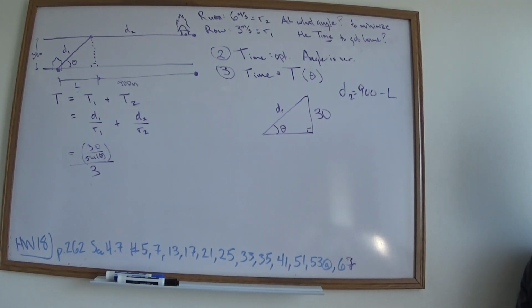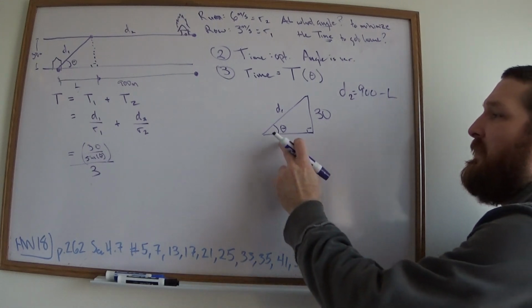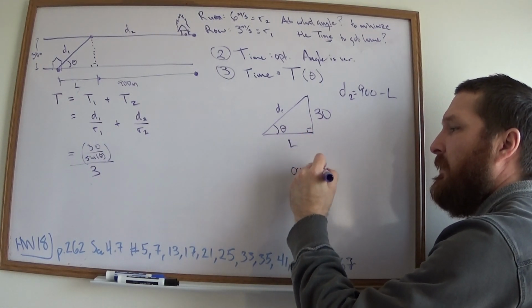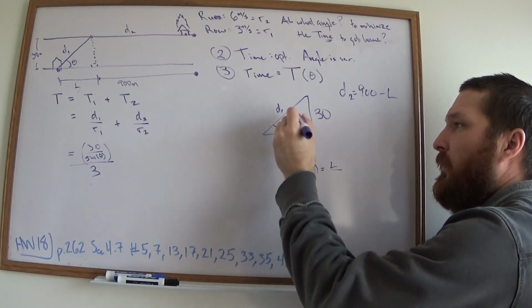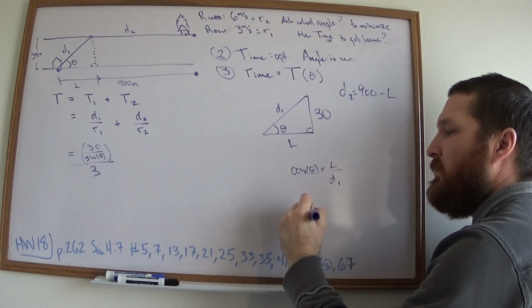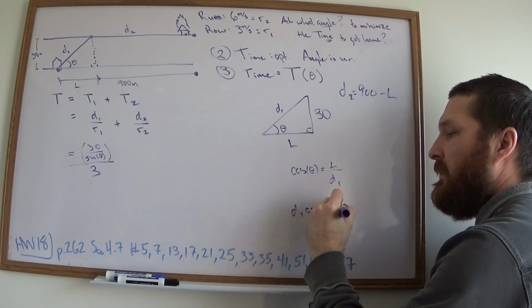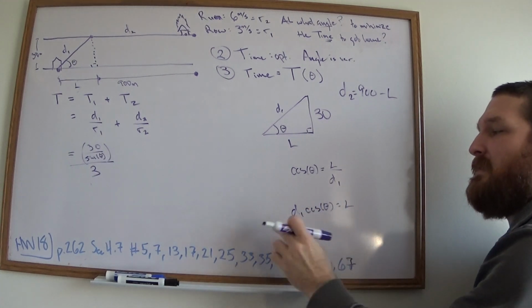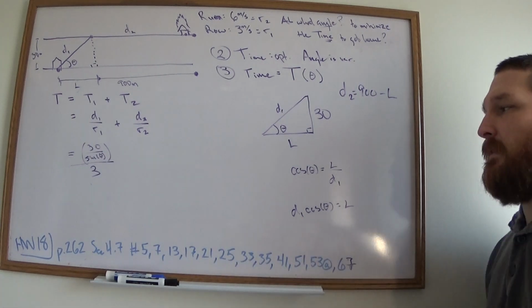Tangent of theta equals. That's so different from how I did it. That makes so much more sense to do it that way. I wish I would have thought of doing it that way. I said cosine theta is L over D1, so that D1 cosine theta equals L, and then 900 minus that, and you'll see it's going to give us the same thing.